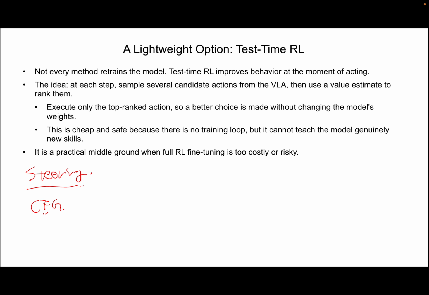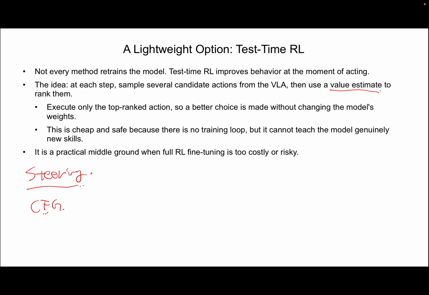For test time RL, we actually have a value network, right? Or some reward if you use GRPO. Anyway, we have some way to evaluate whether our sampled action and state are good or not.